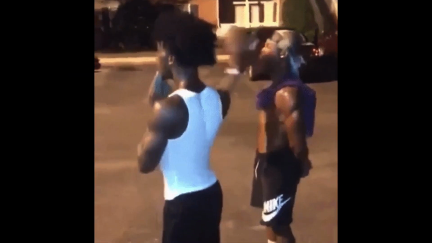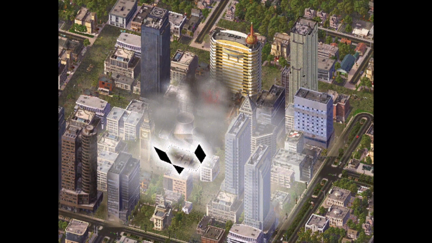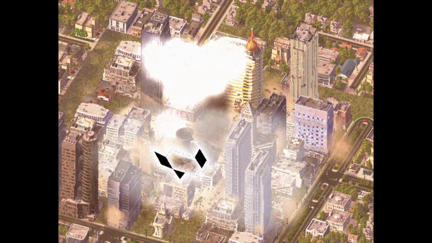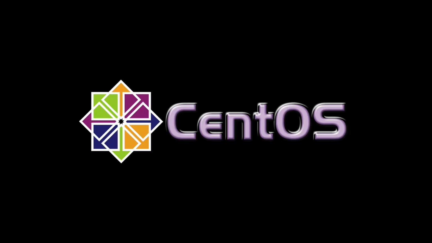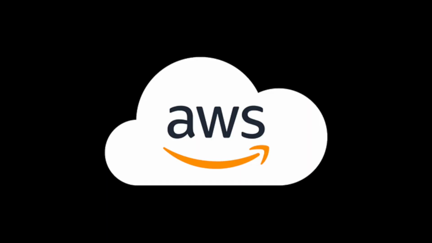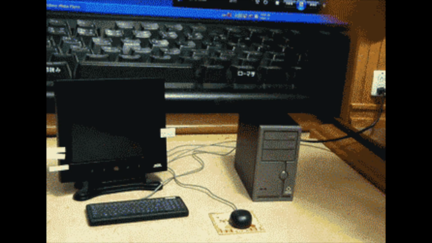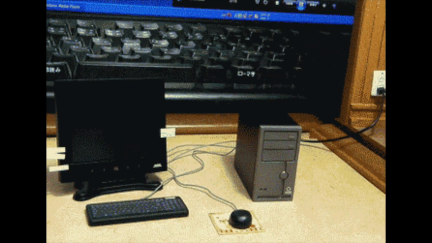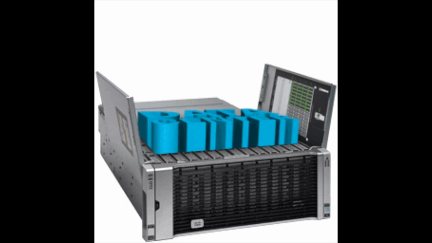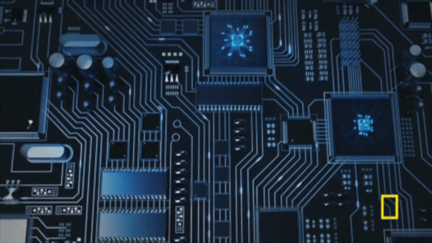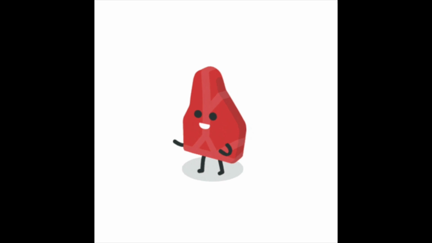and not even flinch. And from personally building a lab on my MacBook, I also built a CentOS server with my AWS account. You can make an indexer out of super small systems, all the way up to, and I mean this literally, huge data centers where each one of these servers can just be so beefy.